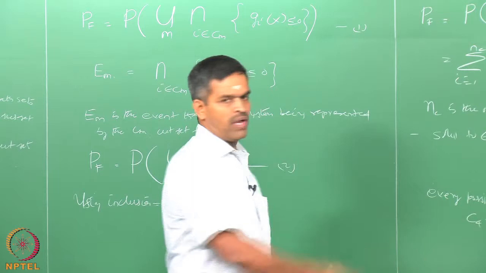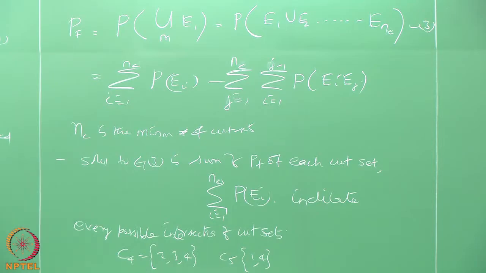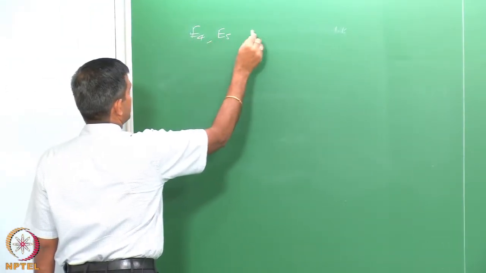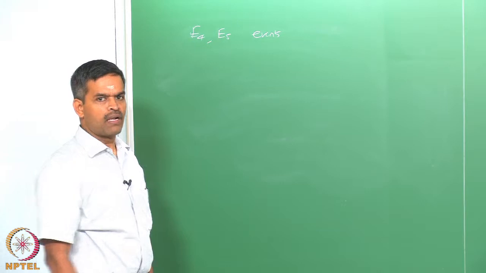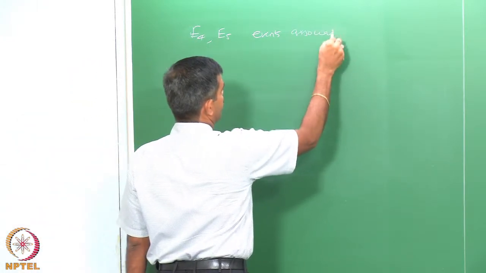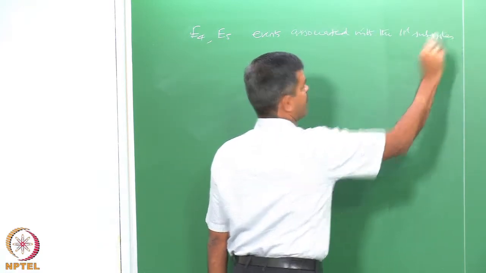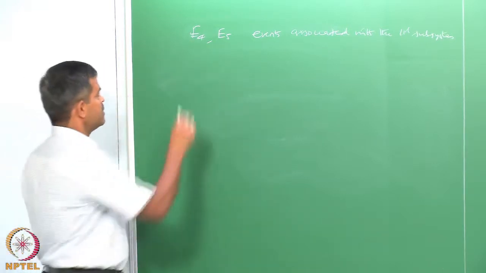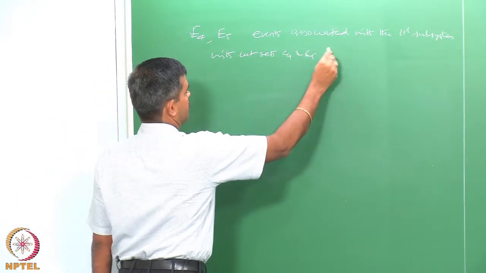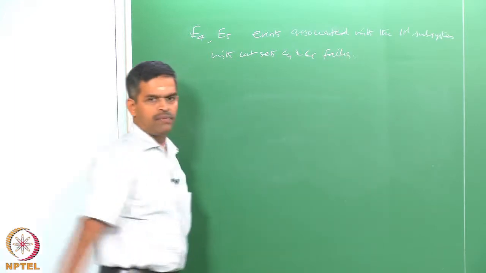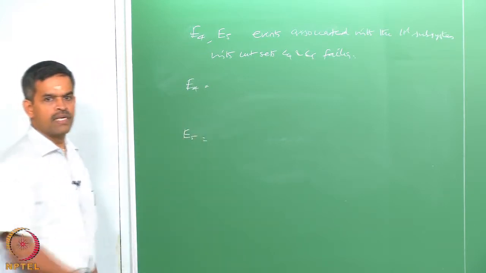So, in this case E4 and E5 will be represented, and we already said E4 and E5 will be actually the events associated with the parallel subsystem, okay, with cut sets C4 and C5 fail.